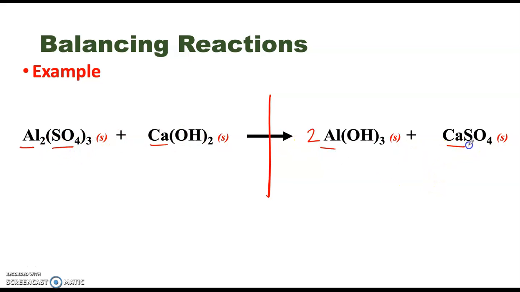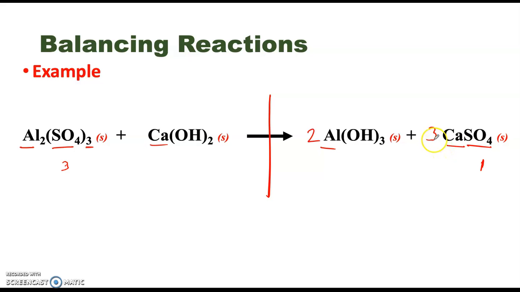Let's check the next thing. SO4 on each side. Okay, the parentheses with a 3 means that there's 3 on this side. There's no parentheses here, so that means there's only 1 of them. A common mistake is people think that there's 4 SO4s here, but there is only 1. Because it's a polyatomic without parentheses, that means there's only 1 of them. Now, if this is 3 and this is 1, well, I better multiply this by 3.